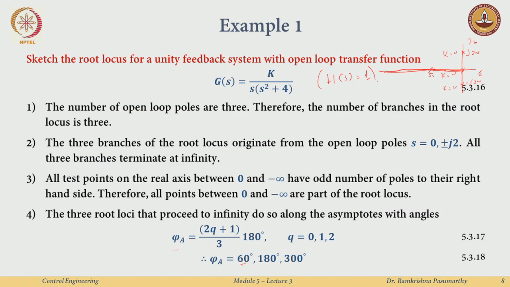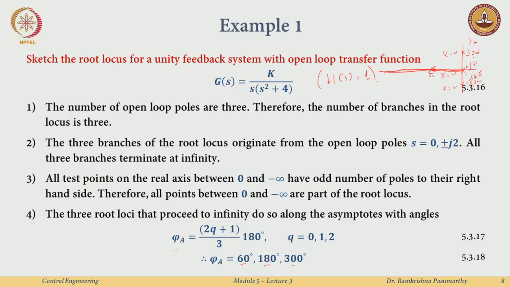So I get 60, 180 and 300. 60 is this one, then I have 180 and I will have 300 here. 300 I can also write as minus 60. This is okay, because at 180 degrees this branch is already going out along the real axis. So this is a good validation.